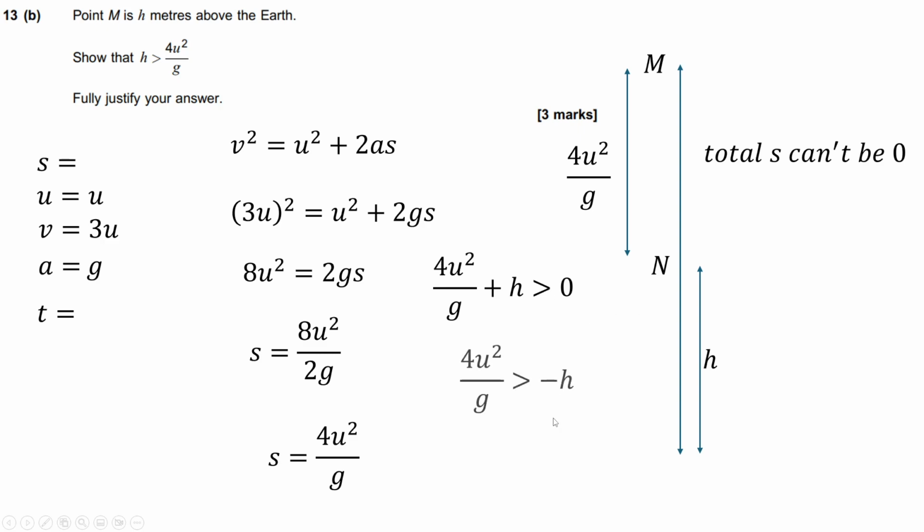If we subtract h from both sides, we'll get this. But it's not facing the correct way, and we've got a negative sign, so we can multiply by -1 on both sides, and the inequality will flip. You would get -4u squared over g is less than h, which is what we want, but we'd have a minus in ours.